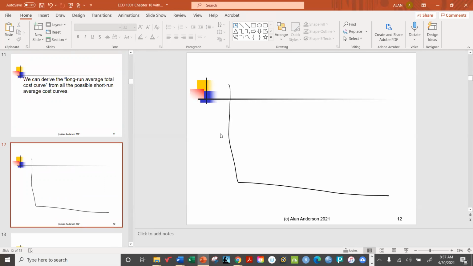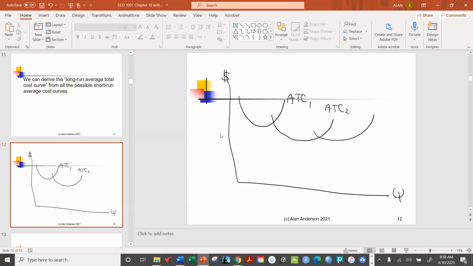Let's keep it simple and assume that there are three that we're thinking about. If we want to keep our production small, let's say this could be the potential average total cost curve for that small output. Then if we want to grow to a more intermediate size company, let's say we could have a brewery with this average total cost curve. And then in the long run, if we want to have a larger output, let's say this is what's available to us.